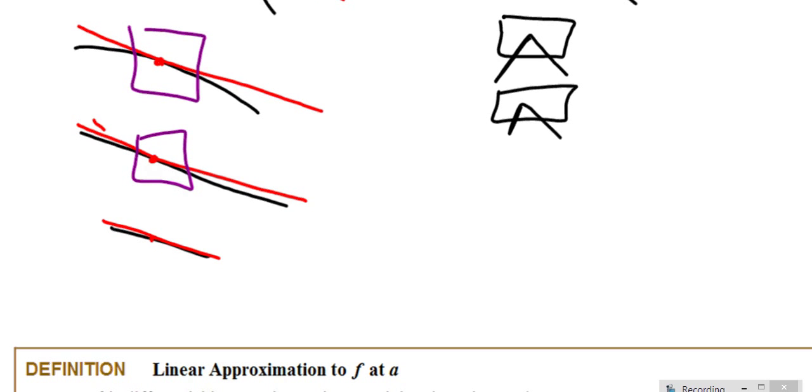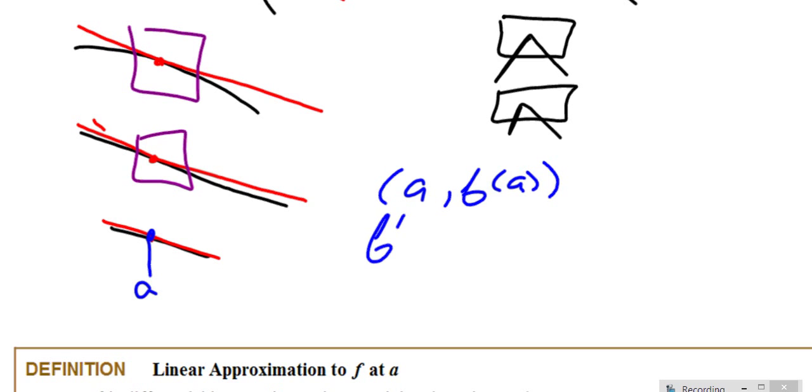So if I said that this point is A, I'm going to use A and f of A as a point that I want to find the equation of the tangent line. I'm going to use the derivative of f at A for its slope.